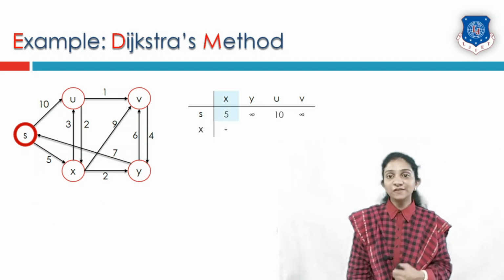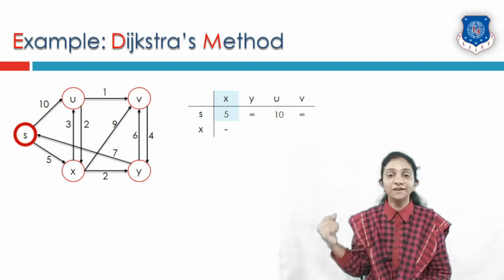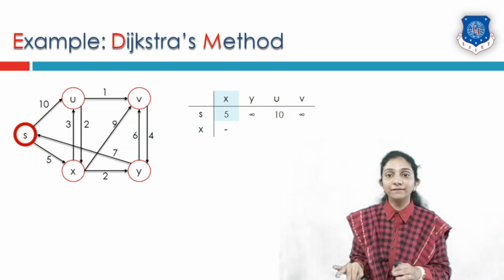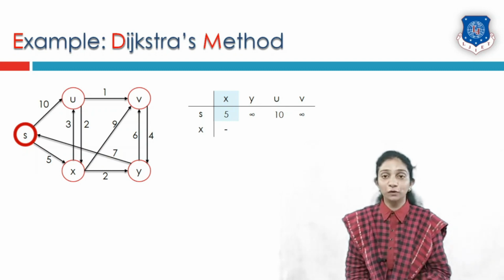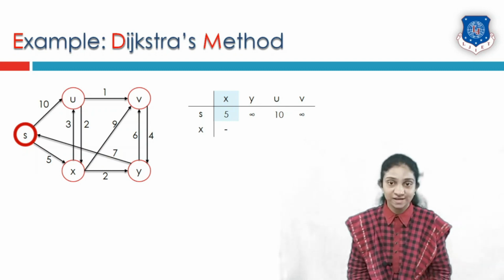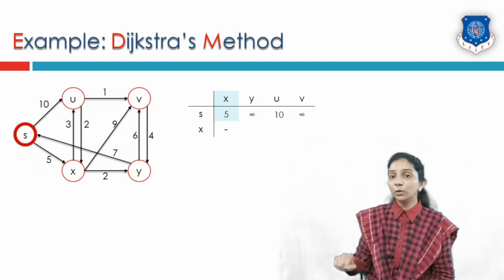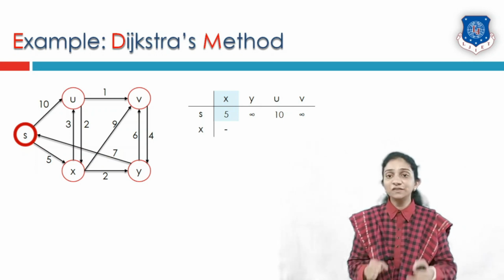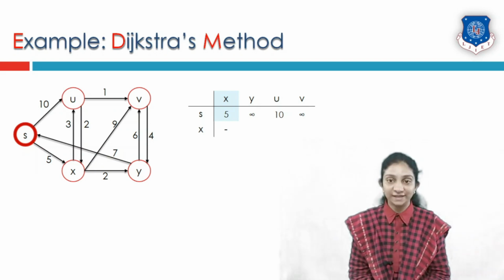Now inside my first column, that is in the X column, just because it is selected as a row, I will make it a dash. That means I don't need to further find out its destination. So now what we are going to do? We are going to find out the distance from X to Y, U and V respectively.